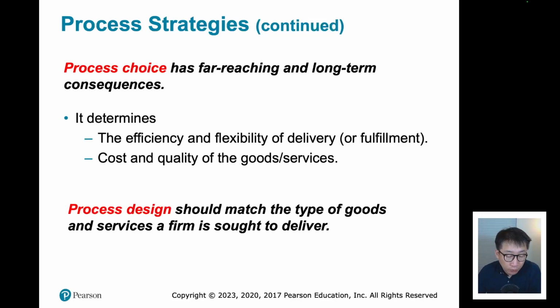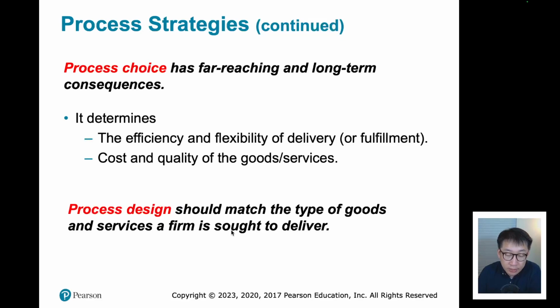Okay. So the third question I want to remind you of is, what kind of principles do we have to adhere to before we make a decision as to what kind of process to choose for my business? Okay, so I think this question right here, the process design should match the type of goods and services a firm is set to deliver.